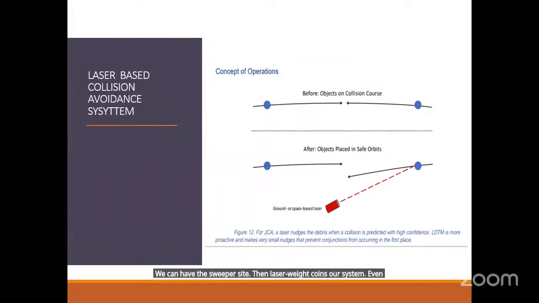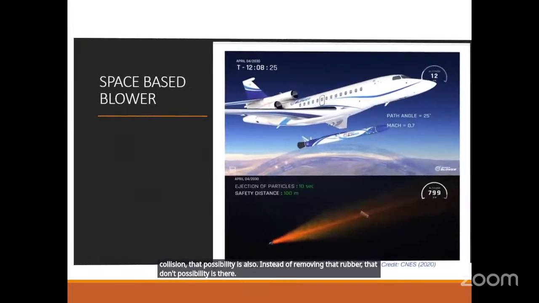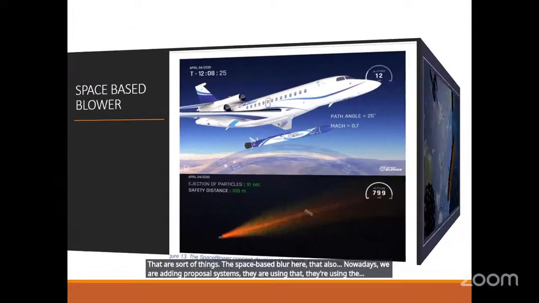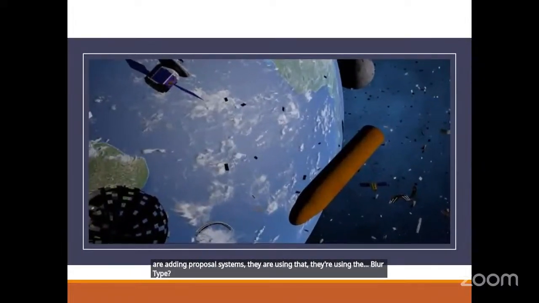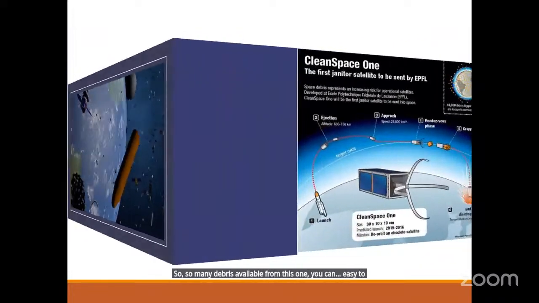If you have that, you can send light and try to avoid the collision. Instead of removing the debris, avoidance is one possibility. Then the space based blower, where nowadays we have propulsion systems using blower type. So many debris are available, and from this we can easily control them.